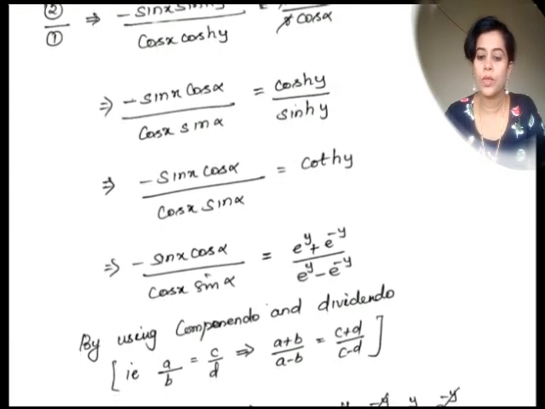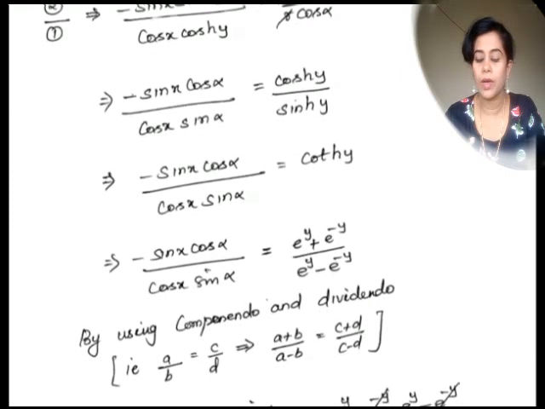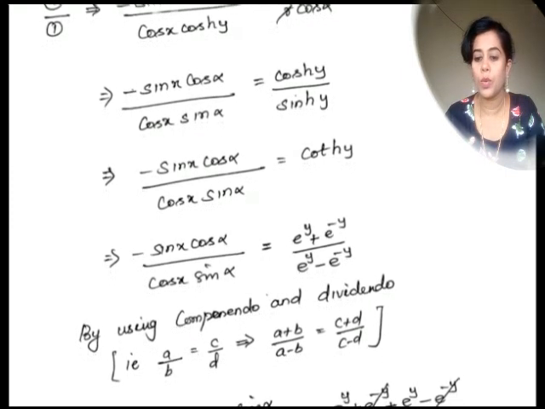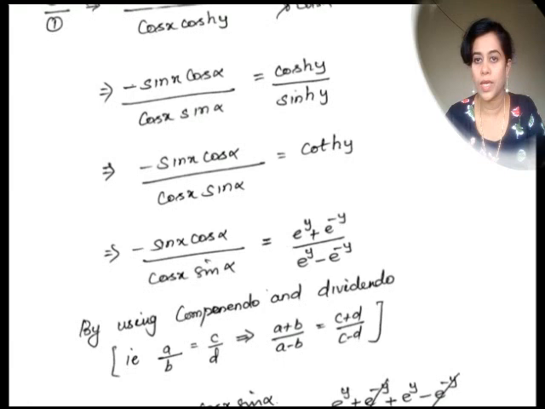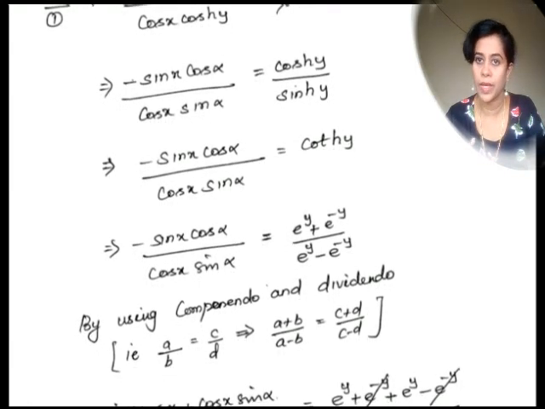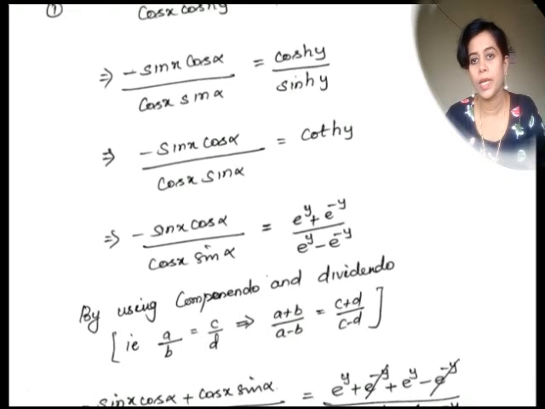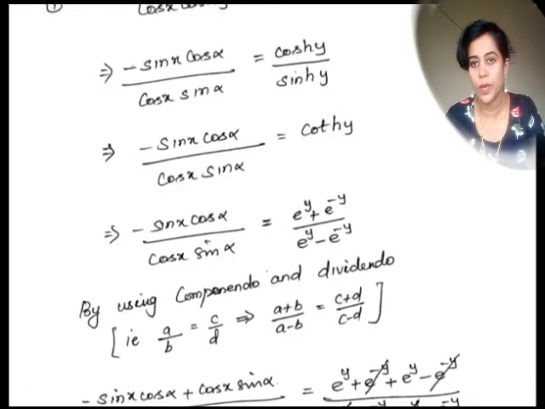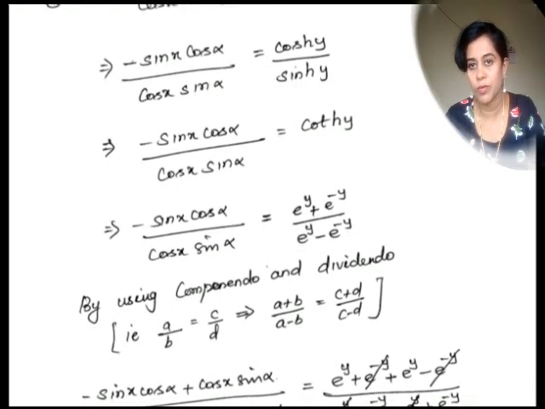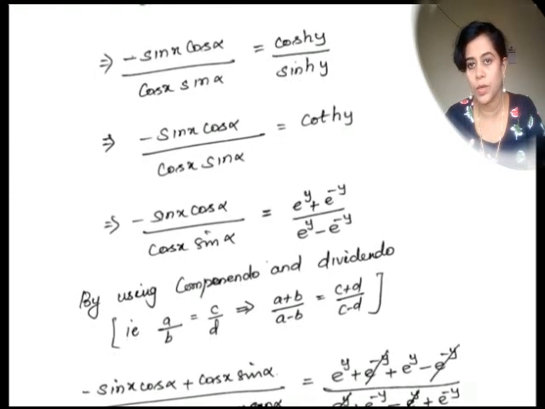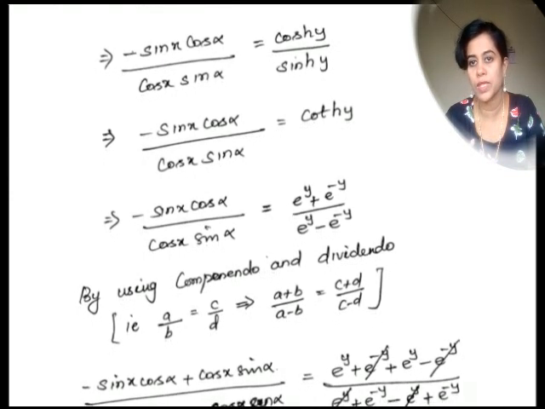Then minus sin x cos alpha divided by cos x sin alpha equal to coth y. Coth y can be written, by the definition of hyperbolic functions, as cosh y divided by sinh y. Cosh y is e power y plus e power minus y by 2, and sinh y is e power y minus e power minus y by 2.